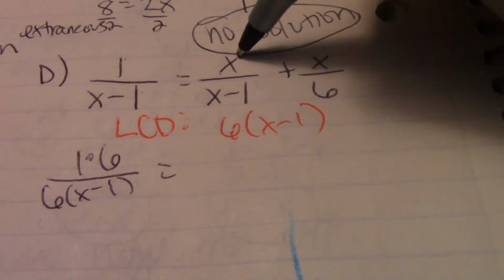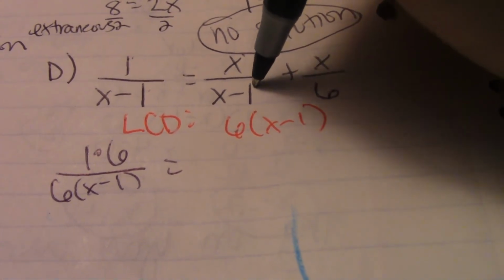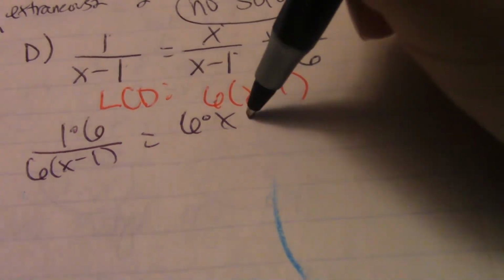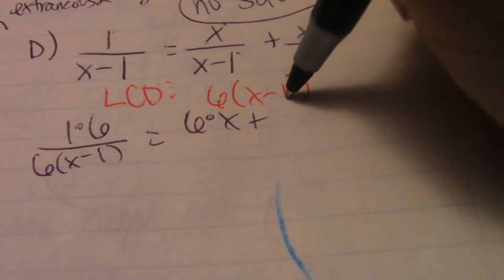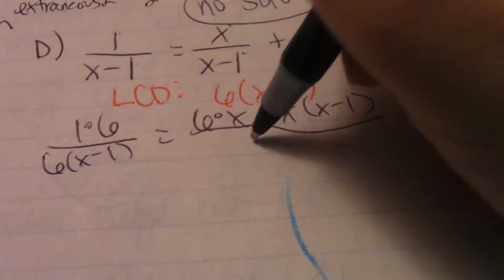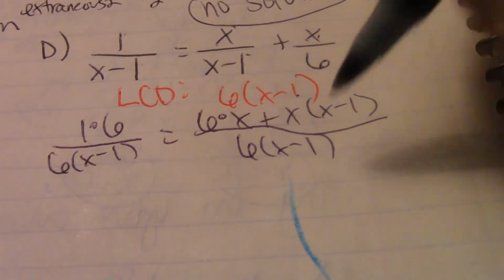So 1 times 6 over the 6 times x minus 1 equals, that x has an x minus 1, so it needs a 6. So 6 times x plus, in this x has a 6, but it needs the x minus 1, all over the 6 times x minus 1.